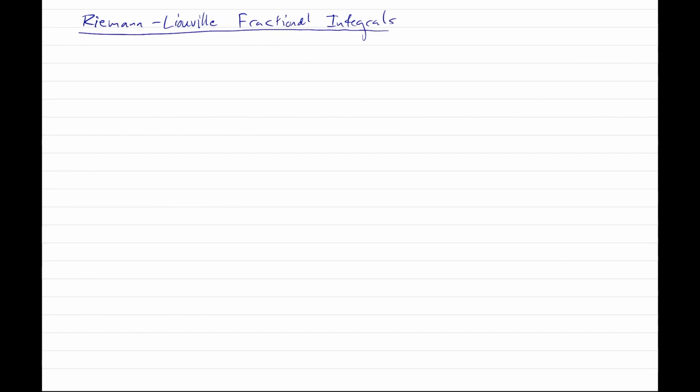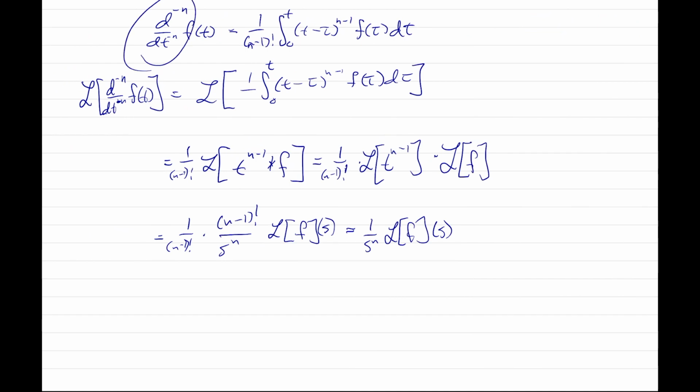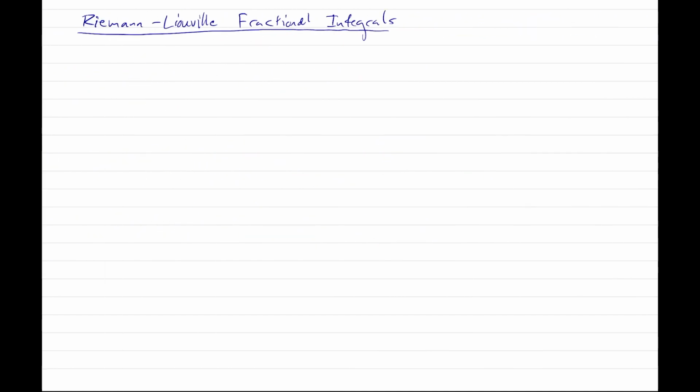Okay, so what is this? So usually instead of using notation like this, we're just going to call this an integral operator, and we're just going to call this J. So J to the q of f at t. And what is this?